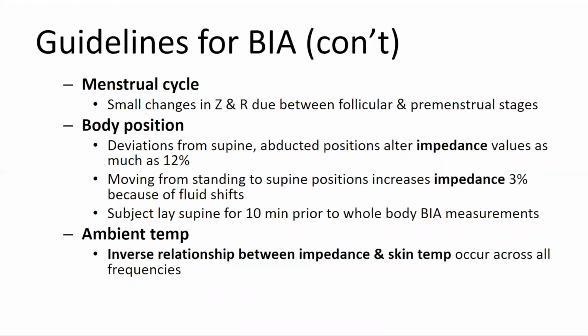If you're using the handheld Omron or the Tanita, where these tests are going to be done in the upright position, you want to make sure that this person has been standing in this upright position for at least 10 minutes. Again, you just want to make sure that the conditions are normalized and the same for both the tests. And this concludes this section.